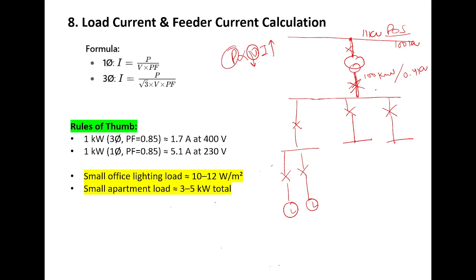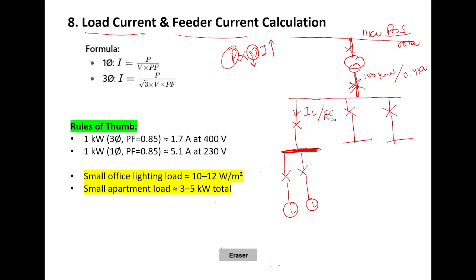Now what is the load current or feeder current? Feeder current means the current which is flowing into this feeder, and for this feeder, this panel is my load. The current flowing through this feeder for the total connected load will be my load current, or you can also call it feeder current. I hope it is clear.